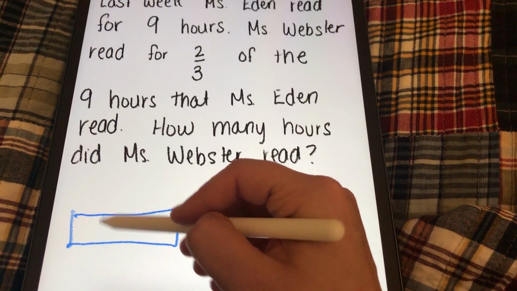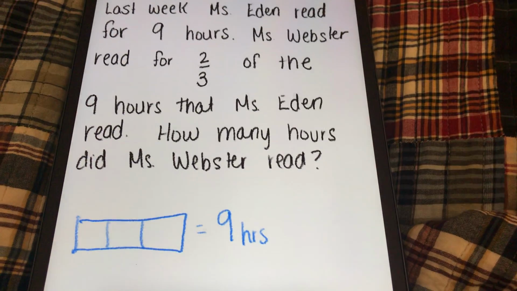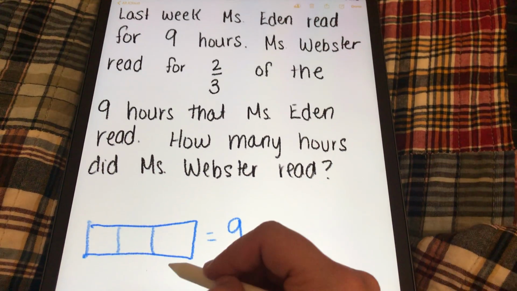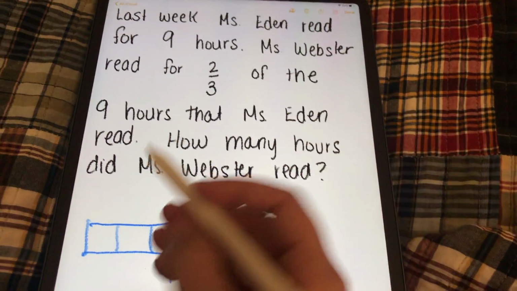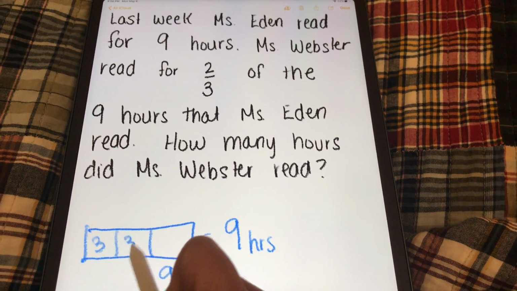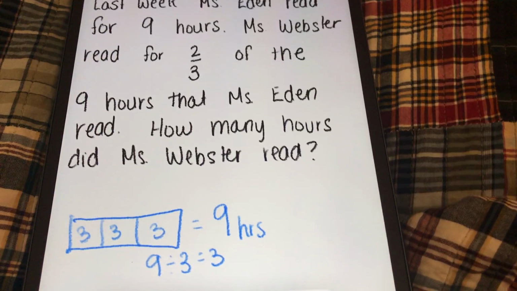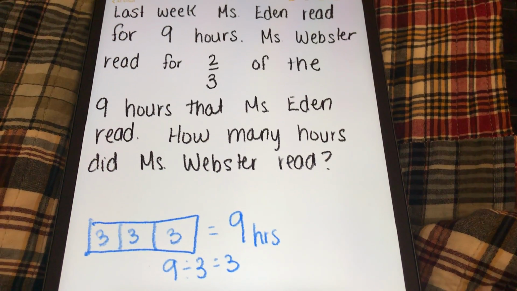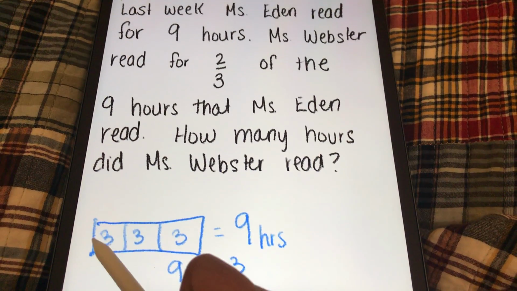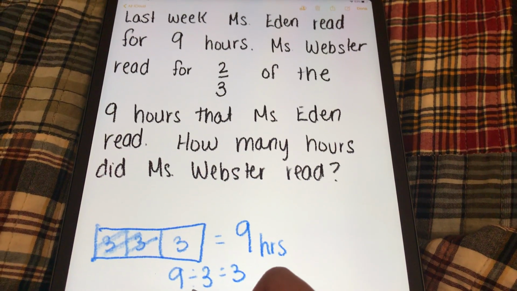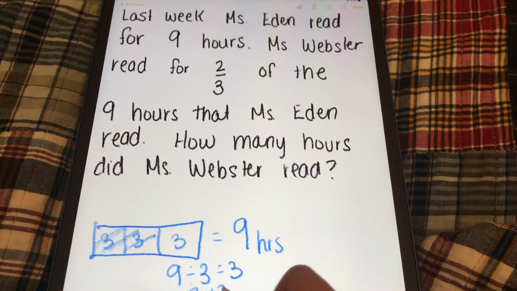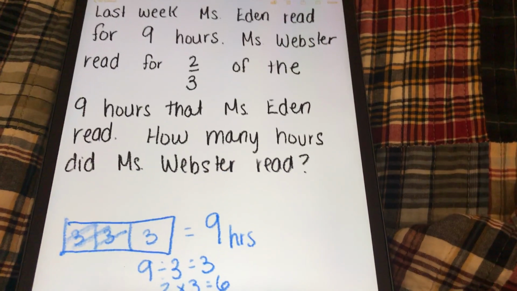So last week what we did is we broke this into thirds, okay? And we said that 9 divided by 3 equals 3. So each of these boxes was equivalent to 3. Well, if Miss Webster read 2/3 of that, then she read 2 times 3, which is 6, okay?